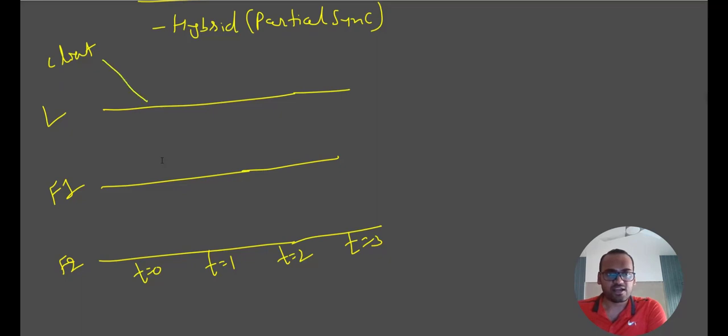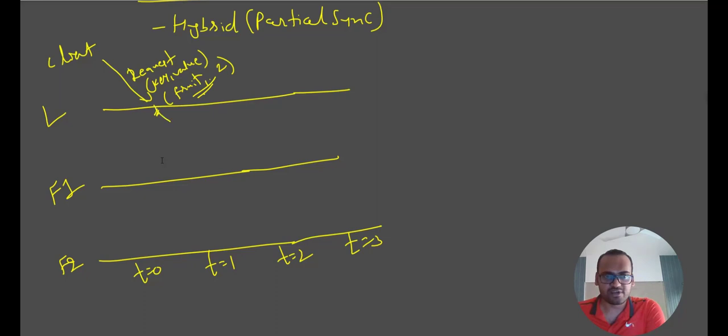Now the client has sent a request, let's say at t equal to 0 seconds, with a key and value. The key is something like fruit and the value is 2. The leader will write this request to its node.